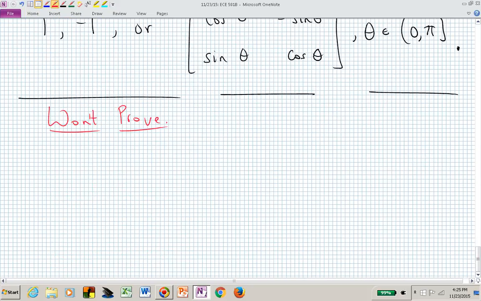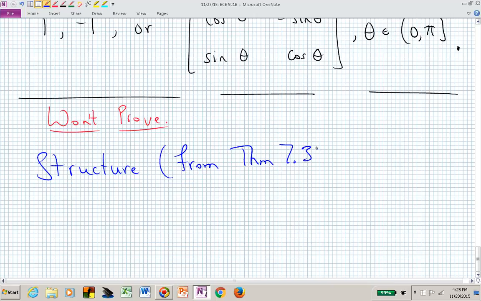Or talk a little bit about the structure that's now imposing, to try to get a little bit of understanding from that.